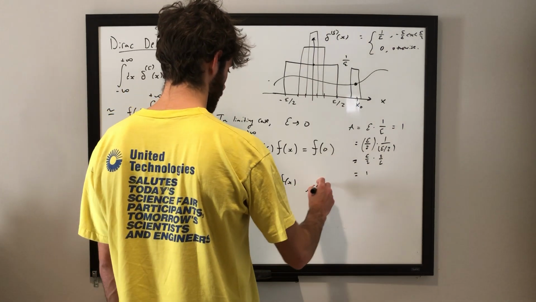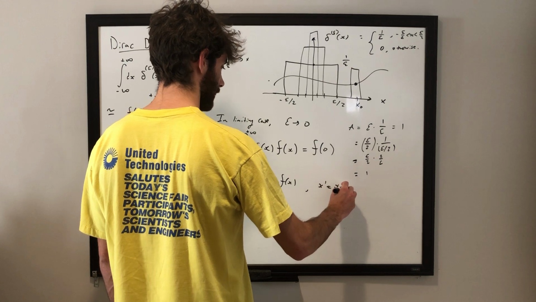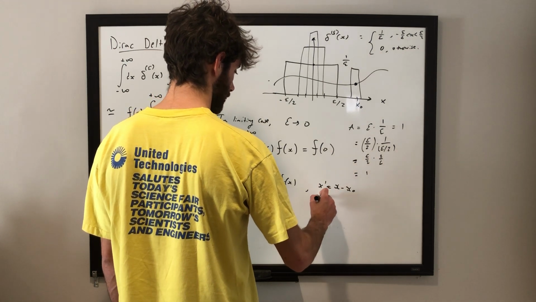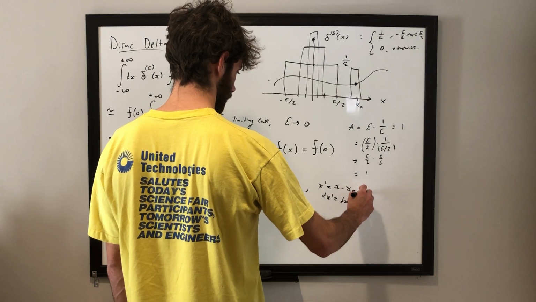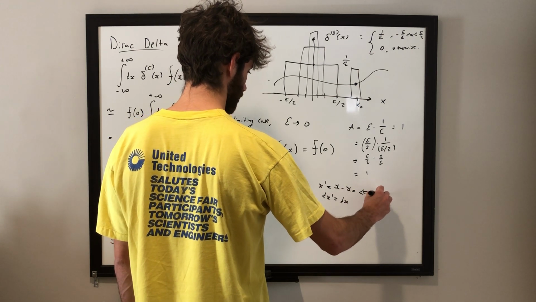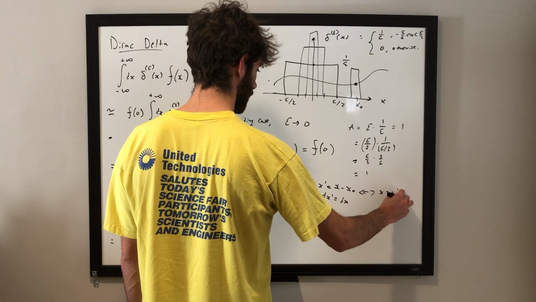Say x prime is x minus x naught, which gives dx prime is dx still, and rewriting that, it's x equals x prime plus x naught.